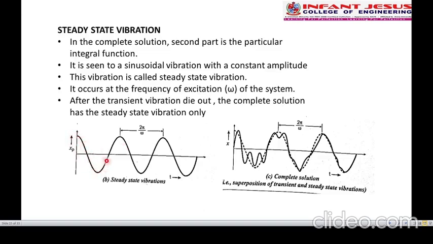Steady state vibration means it is a periodic vibration. When you combine both, for some initial part there is transient vibration, not yet steady state. After time passes and the transient vibration dies out, it becomes steady state vibration only.